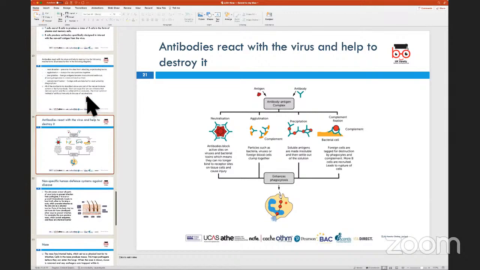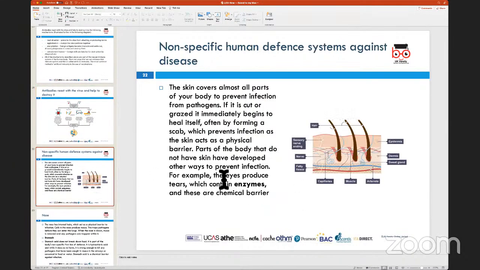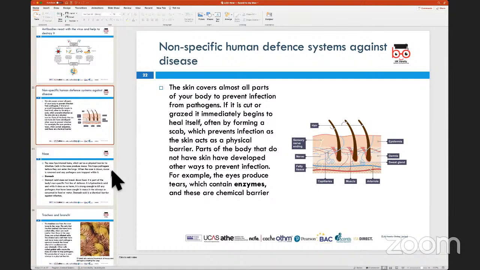There are some slides created to help explain the details of non-specific and vaccination-led artificial acquired immunity, for you to understand the second assessment criteria. These are backup slides that I've created for assessment criteria 3.1, which is talking about non-specific human defense mechanisms against the transmission of infectious diseases.